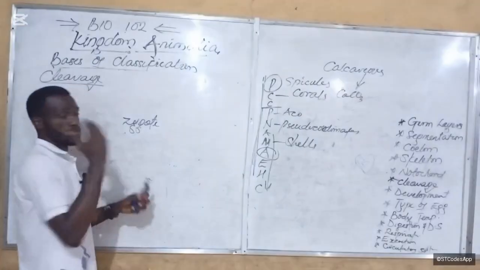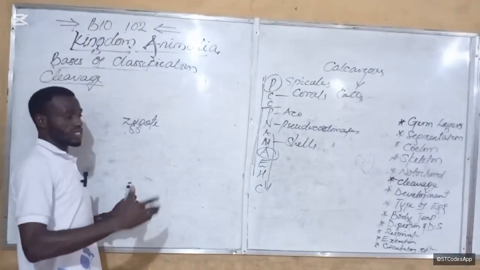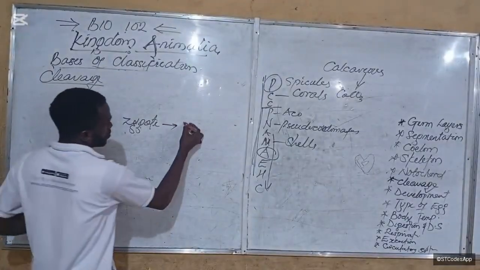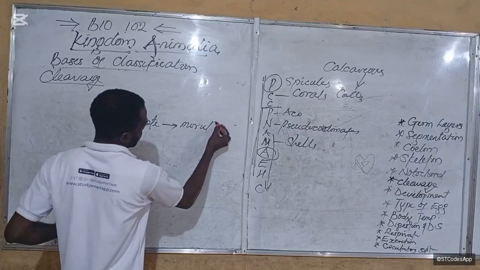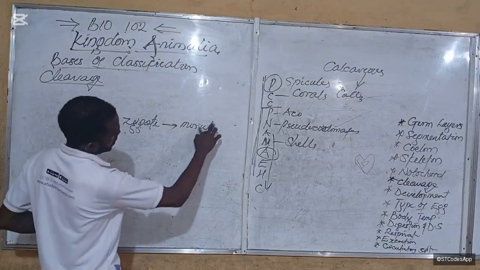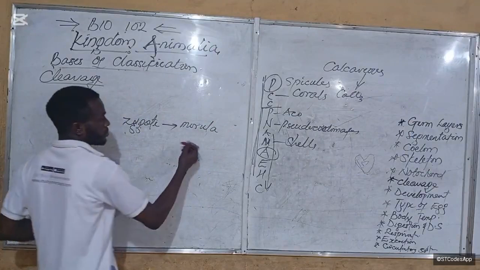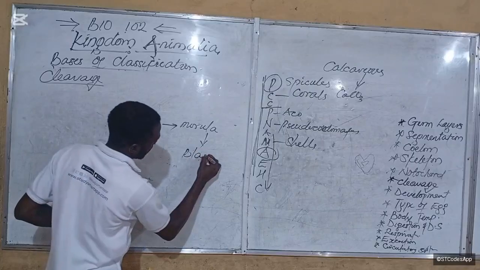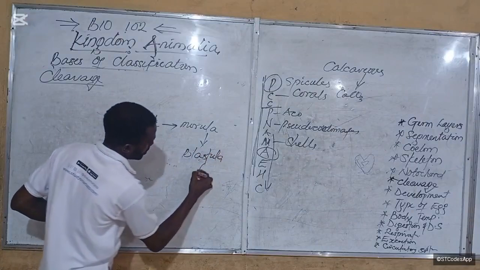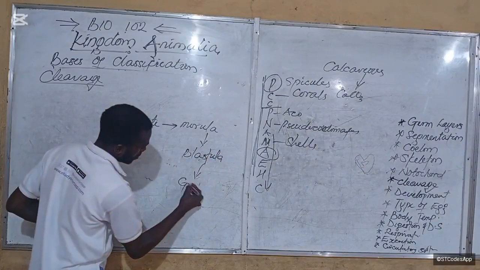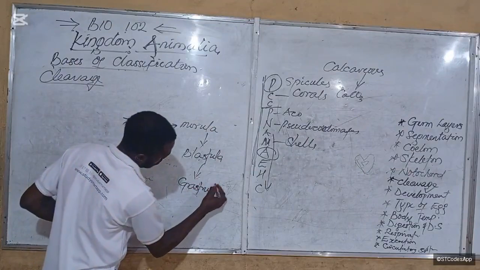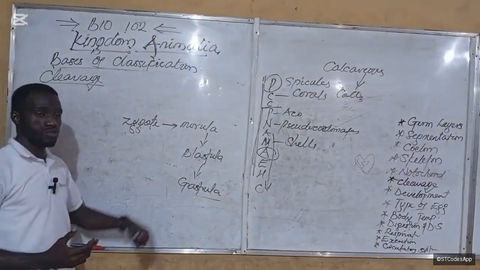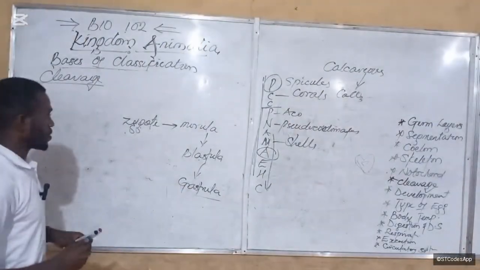So the single cell begins to undergo mitotic division several times, and it will give rise to the morula. Then this gives rise to the blastula, and this gives rise to the gastrula. Then from here, different body parts begin to emerge, right?